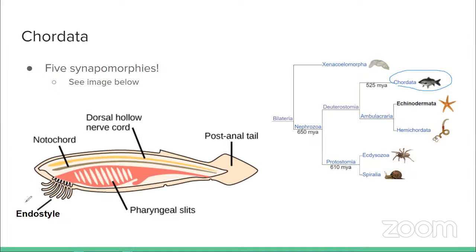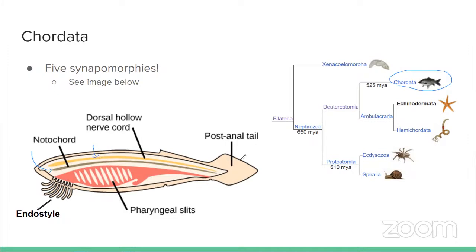They're listed below, and they have a fair bit to do with embryology and development as well. We can see the development of something called a notochord, which we can see in brown here. Up above it, on the dorsal side, we can see a hollow dorsal nerve cord forming.